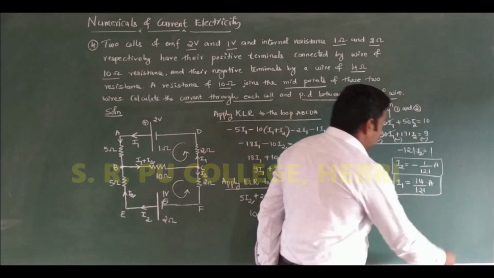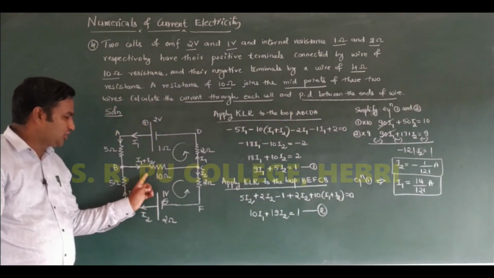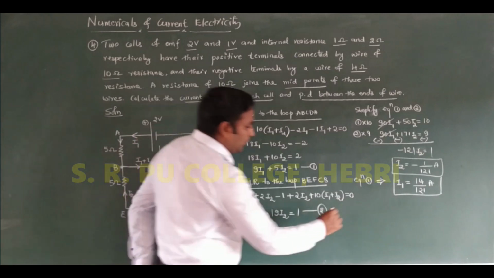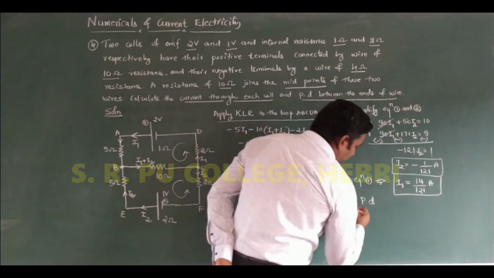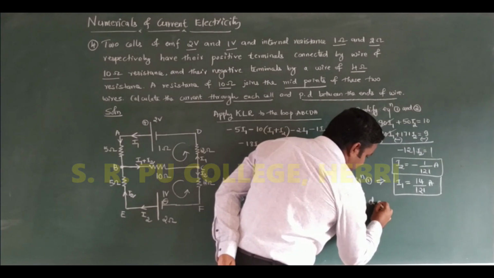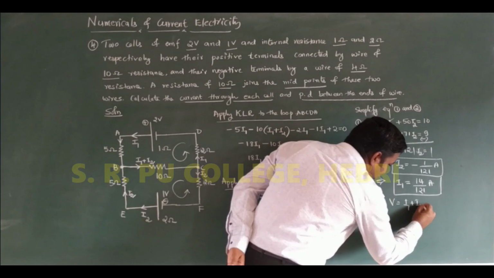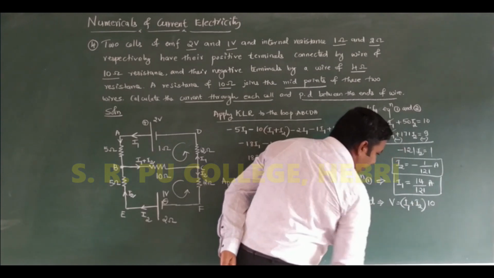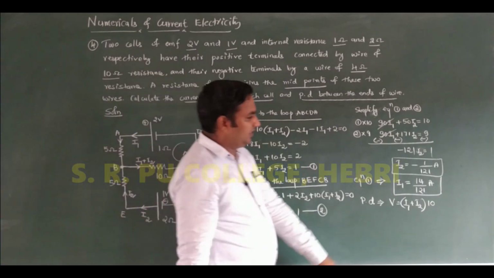Once you get the answer for I1 and I2, you have to calculate the potential drop across the 10 ohm resistor, or the potential difference across a wire. Potential drop or potential difference V is equal to I1 plus I2 into 10. Simplify this.